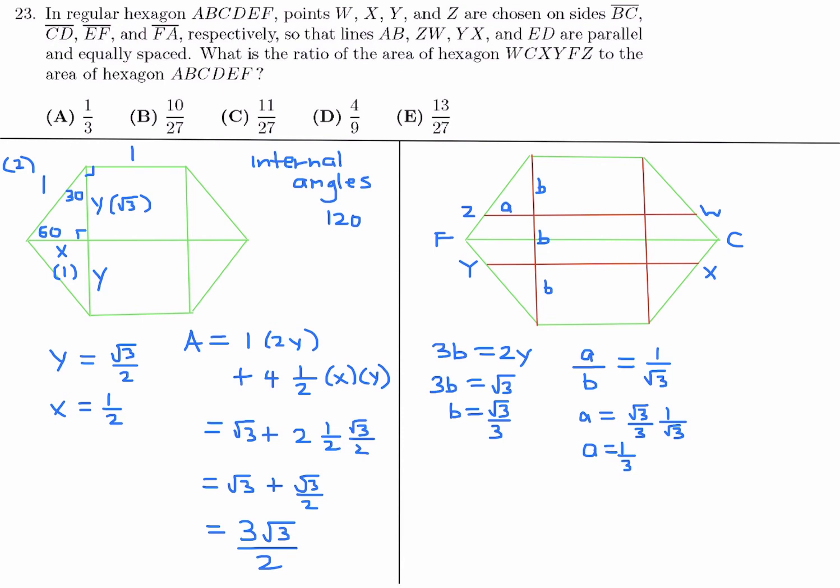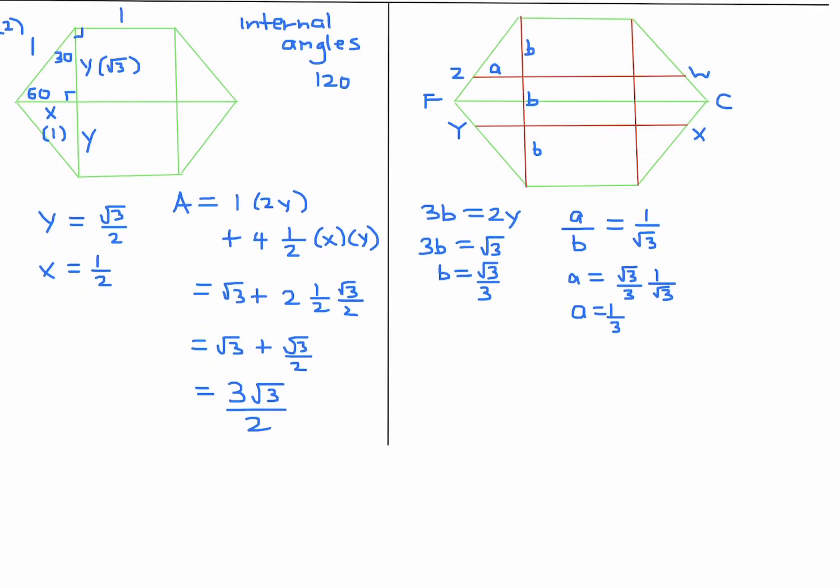Okay, so now I can get the area of those two top and bottom shapes. So that will be as follows. The area of the top and bottom will be 4 of these triangles. See these triangles? 4 of those. So that's going to be 4 times 1/2 base times height, which is A times B. And then 2 of these rectangles, which are, well, that was 1, so 2 times 1 times B. This is A, which is 1/3.